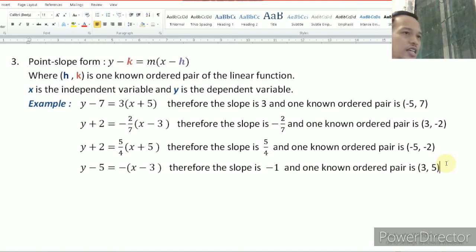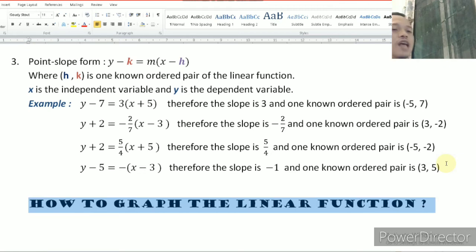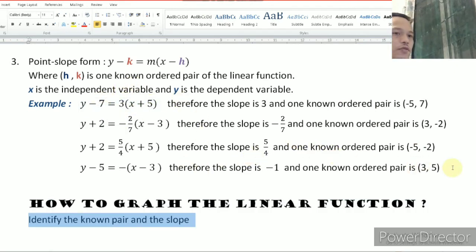So the first skill that we need to know about this point-slope form is how to graph the linear function. If you're given this kind of equation, how to graph it. So let me give you the steps. First, you have to identify the known pair.